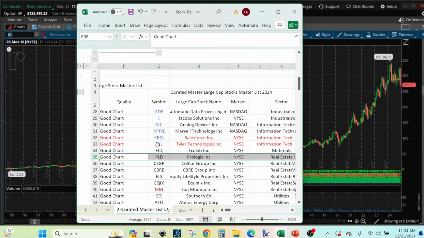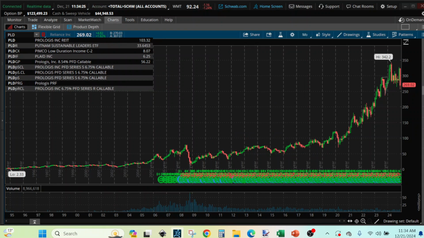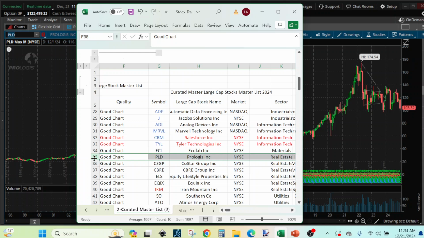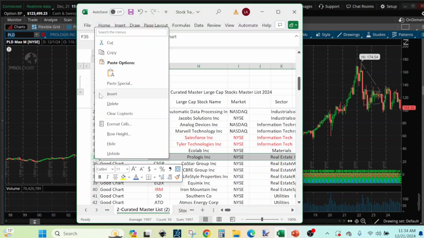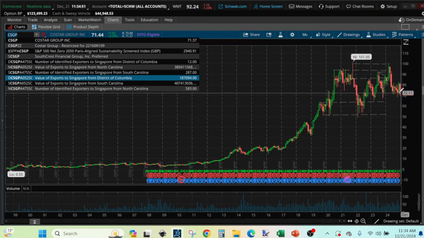The next one is PLD. So the price is below the prior year high, so it's out. The next one, the price is below the prior year high, so it's out.